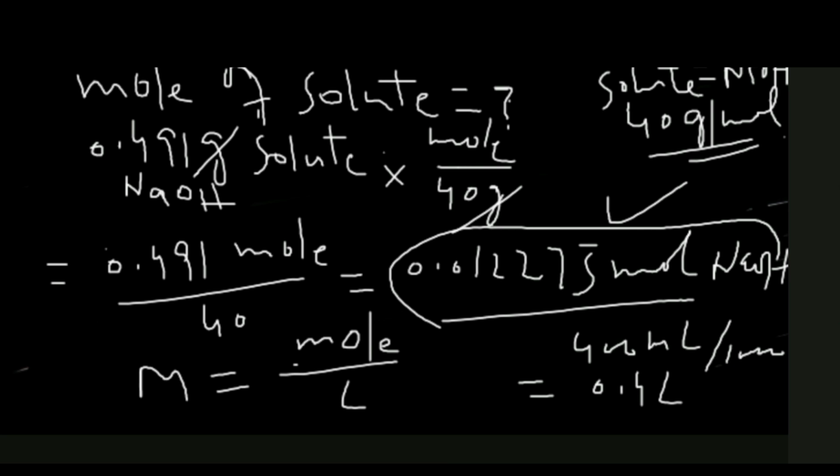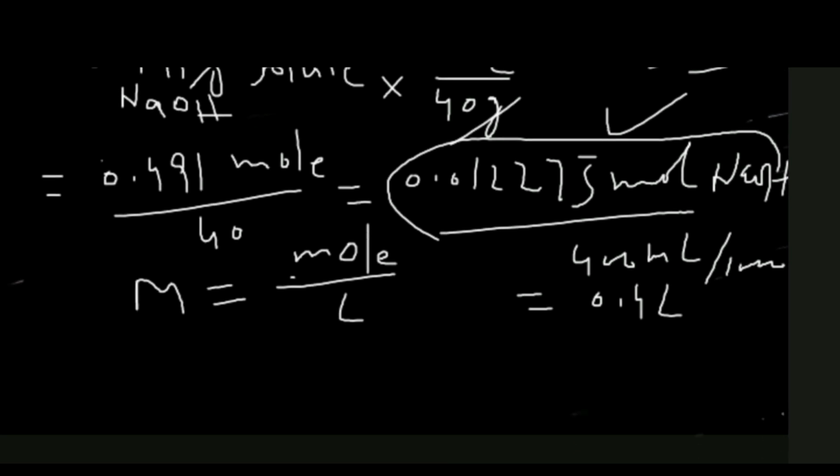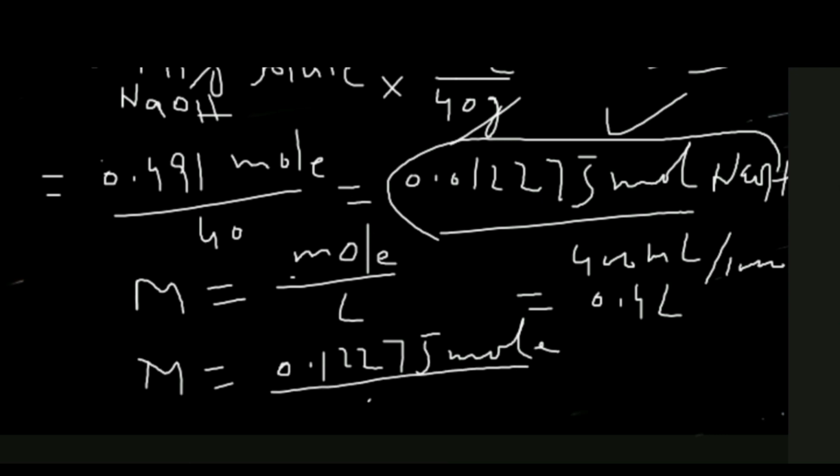Now we can write the number of moles, which is 0.12275 moles, divided by 0.4 liter.